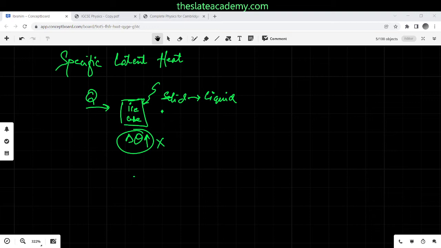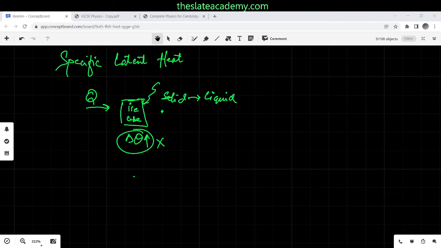But when we give it heat, initially the heat was being used to raise the temperature, and then it was being used to convert the state of matter from solid to liquid. And then if I give it more heat, once its state has been changed, it would again start raising the temperature of the substance.